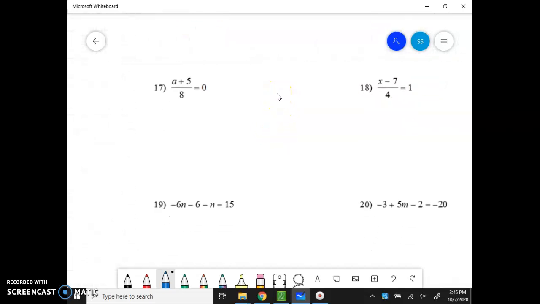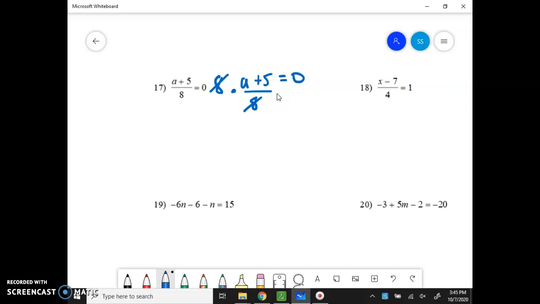Number 17. Okay, so the first thing we want to do is get rid of this 8 in the denominator. Okay, so I have a plus 5 over 8 is equal to 0. So anytime I have something in the denominator that I want out of there, I just multiply by that number, and it's going to cancel it out.